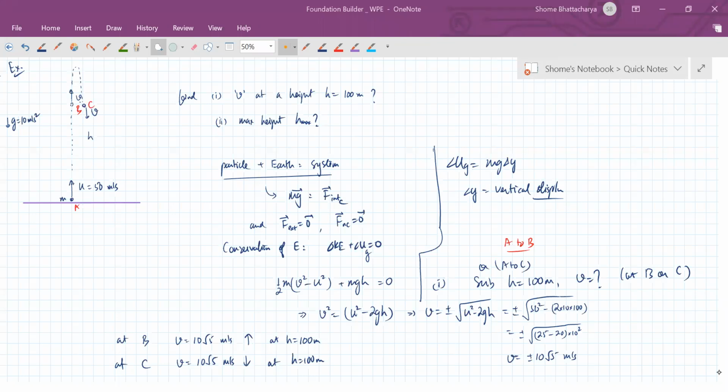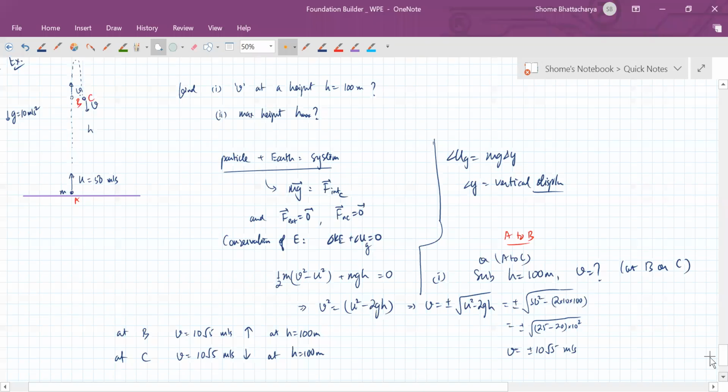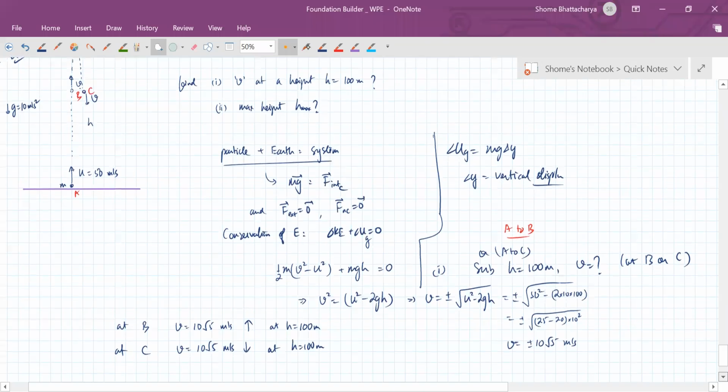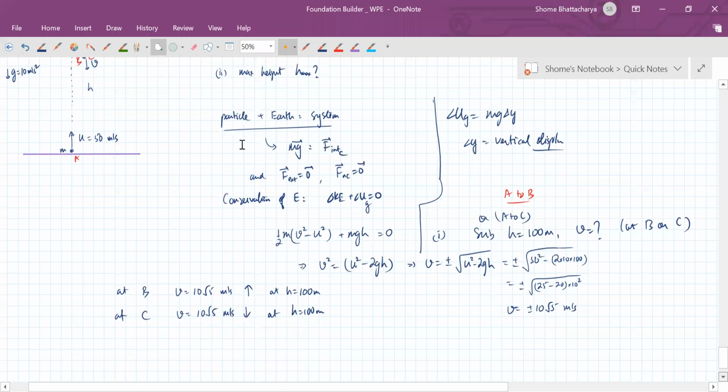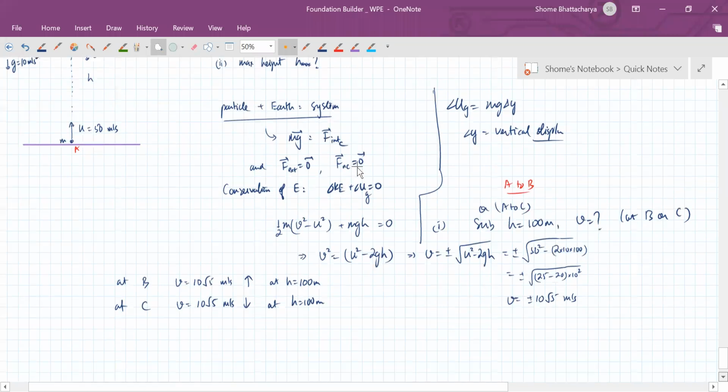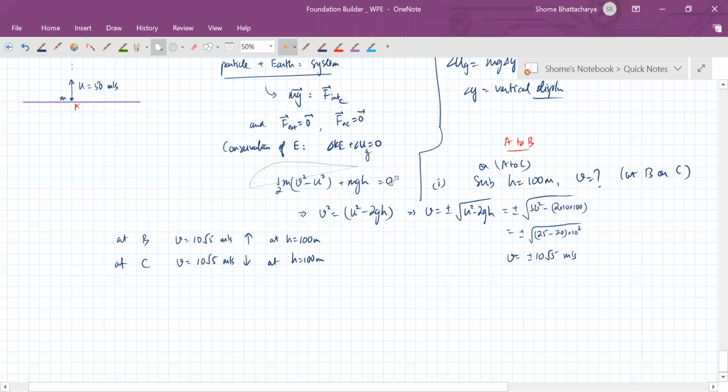Yes, that's correct, Kunj. So for the second part, all you have to do is put the value of v as 0 in this equation, which we are getting from work energy, because we now want to find the maximum height.